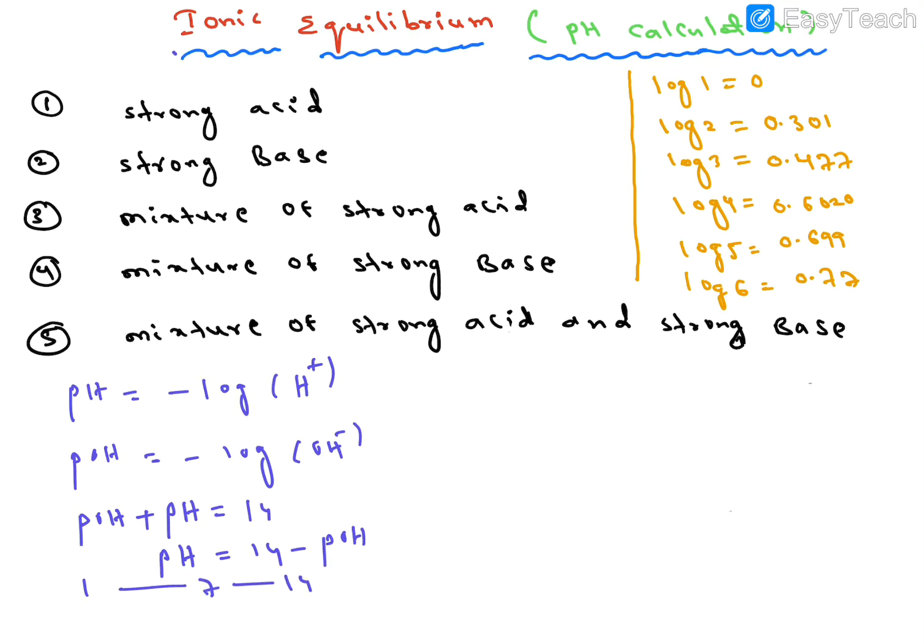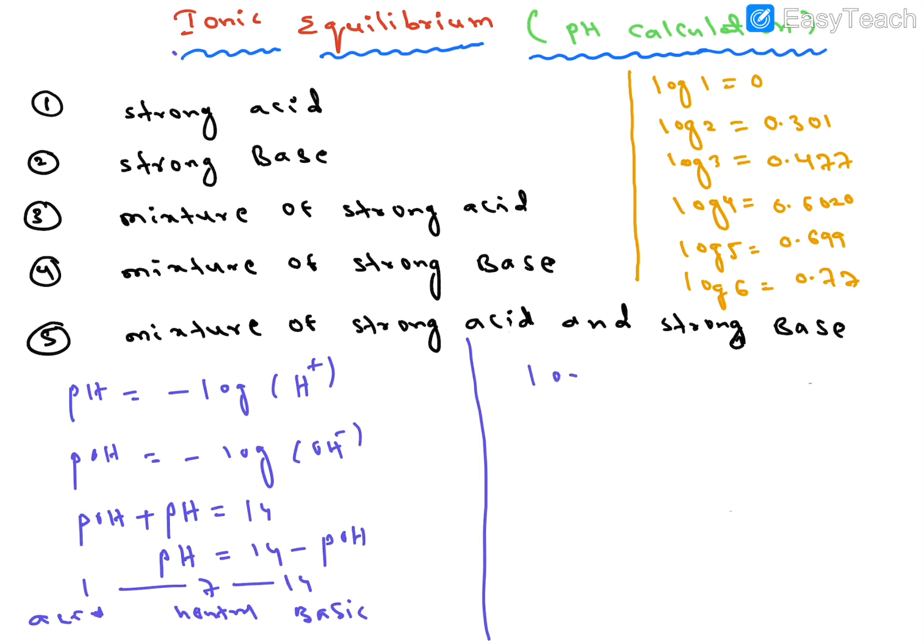So 1 to 6 is acidic, 7 is neutral, and 8 to 14 is basic.